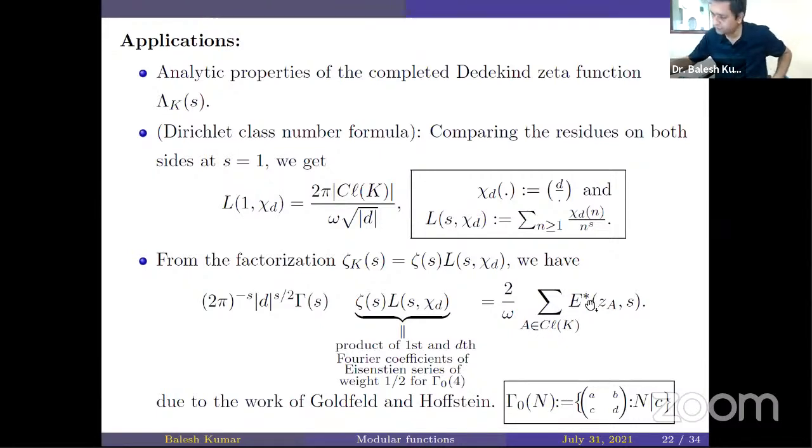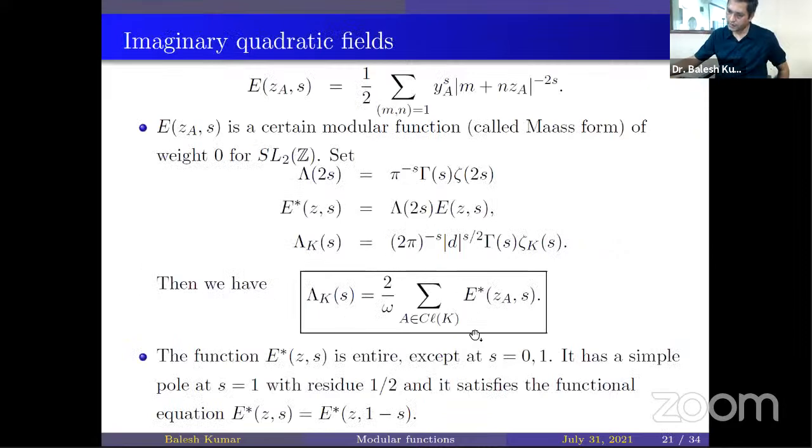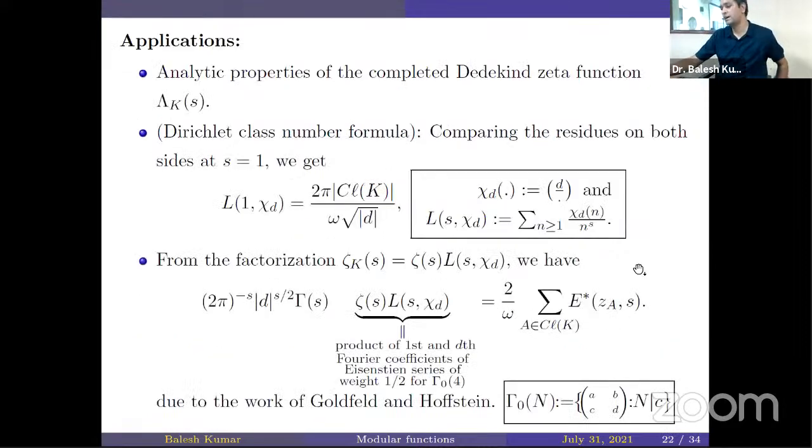And on the other side, we get an Eisenstein series of weight 0 for the full modular group. So somehow weight 0 here is related to weight half, and level 1 on the right side is related to the level gamma naught 4. Motivated by this identity, one would like to ask whether such a relation holds more generally.